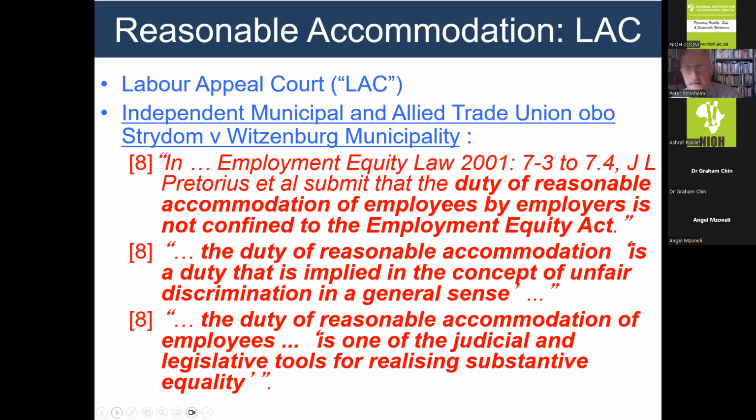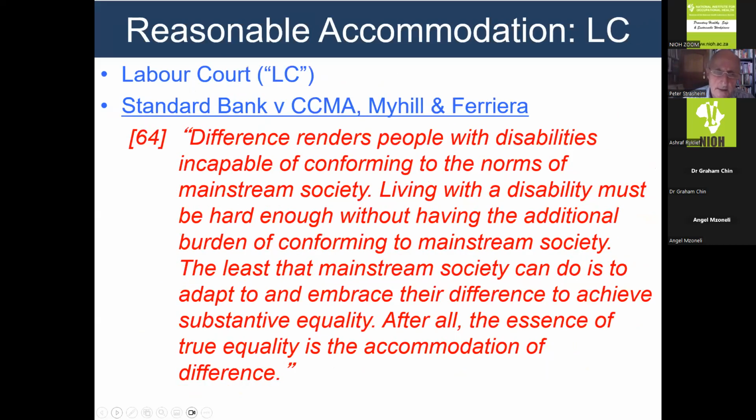Then in the Labour Court as well, on the next slide, it's also been said, Standard Bank versus CCMA, Myhill and Ferreira was an important case. The judge, Justice Pillay, was talking about how discrimination arises because of difference.